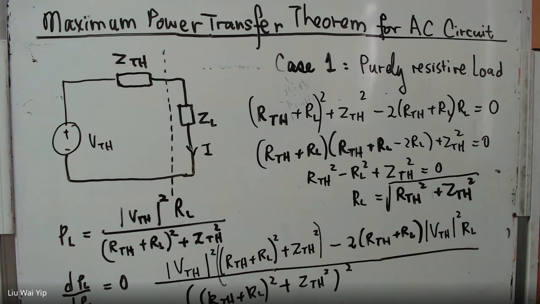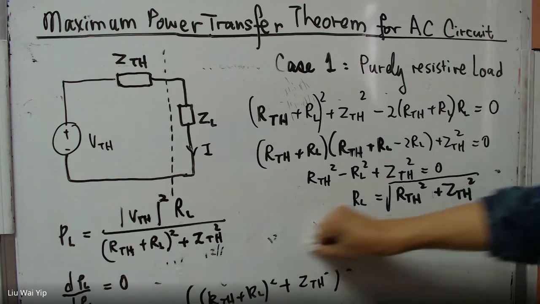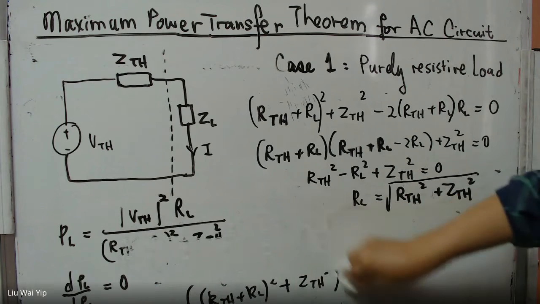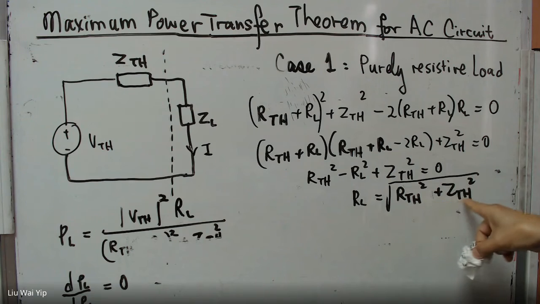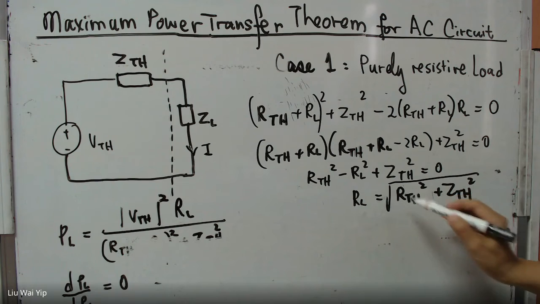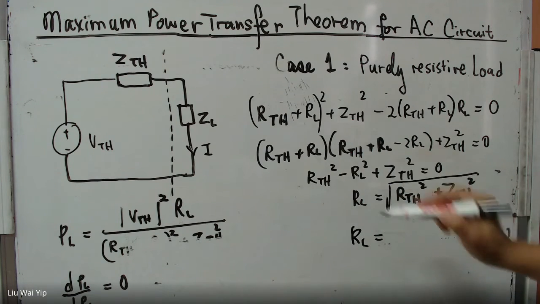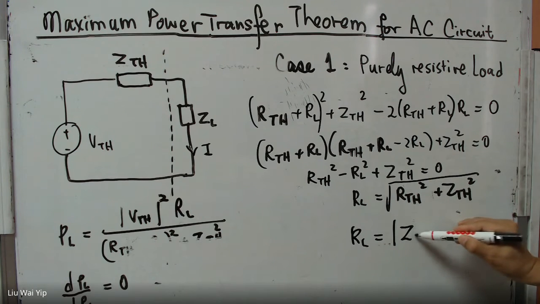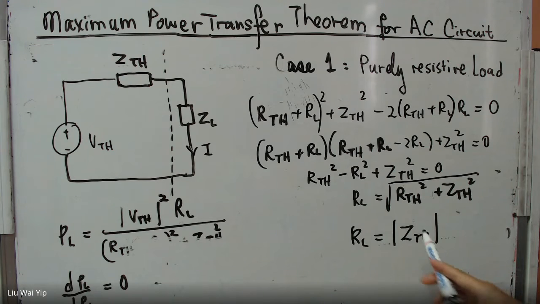So the end result is very clear. In order to get the maximum power, the load resistance should be equal to this expression. So the load resistance will be equal to the magnitude of the Thevenin impedance.